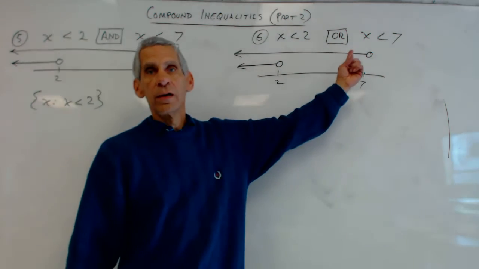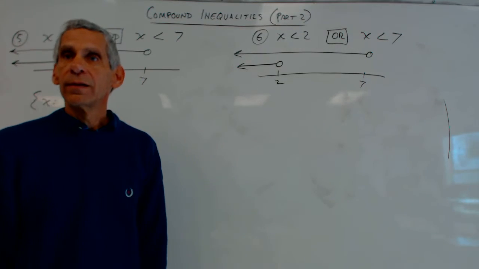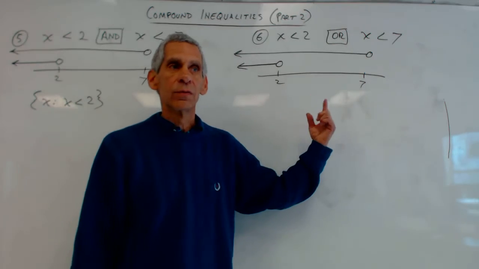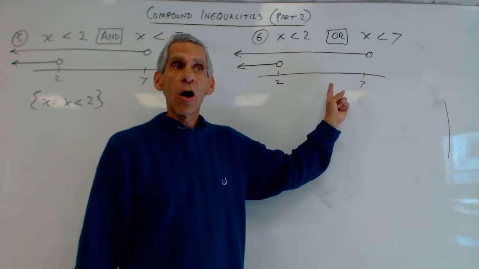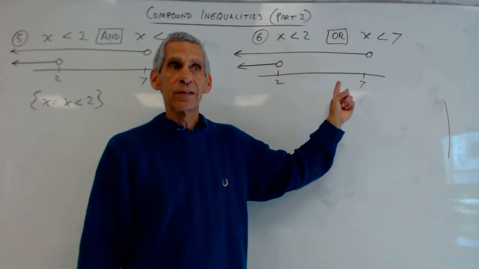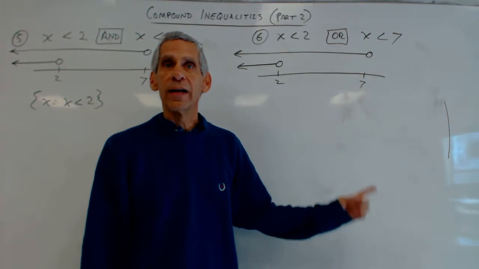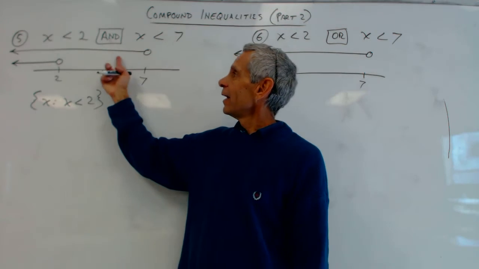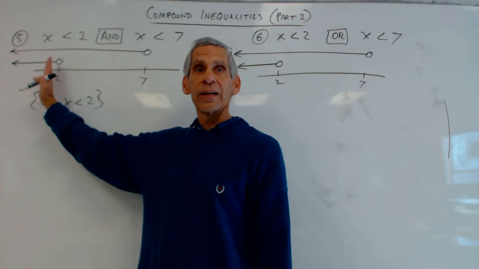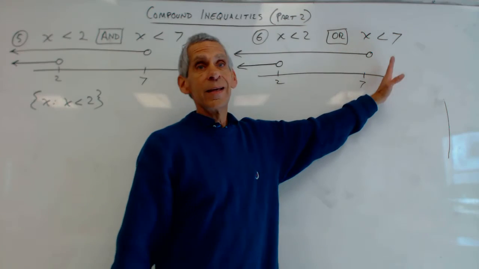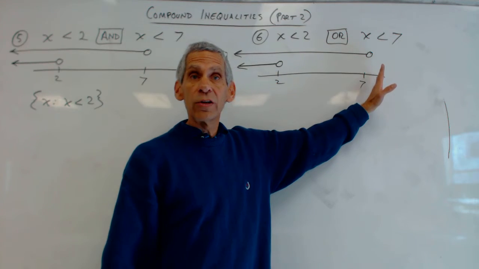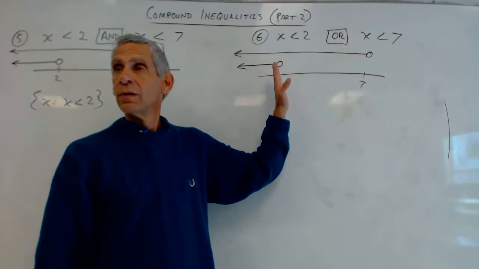For 'or', either one can be true. So all possibilities that have lines are true for this. 'And' meant only when there's intersection, when there's overlap. This means anywhere where there's one line or two lines, it's true.